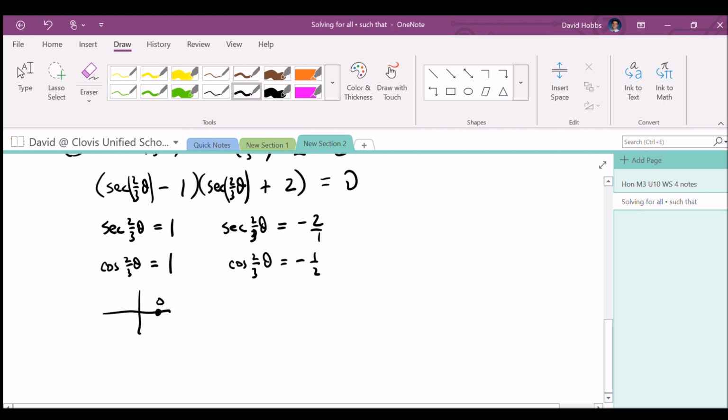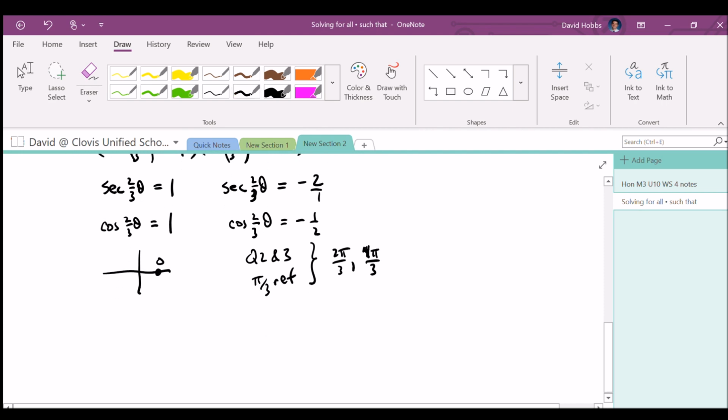Out here at theta equals 0. Over here at pi, it's -1, so we don't want that one. Cosine of an angle equals -1/2. Well, yeah, quadrants 2 and 3, and it's a pi over 3 reference, and so that would be giving us 2 pi over 3 and 4 pi over 3.